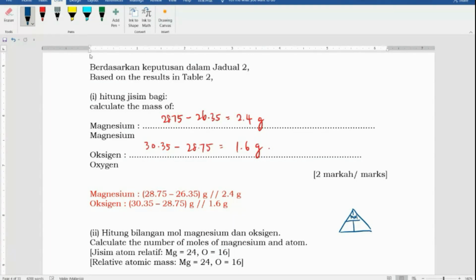This one is mass, this one is mole, this one is molar mass. Correct? So, can you calculate the number of mole for magnesium and oxygen?